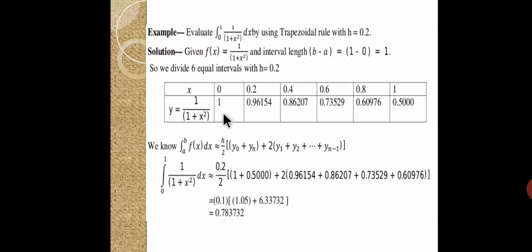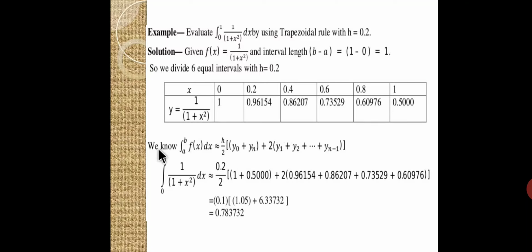So here y0 is equal to 1, y1 is 0.96154, y2 is 0.86207, y3 is 0.73529, y4 is 0.60976, and y5 is 0.5.